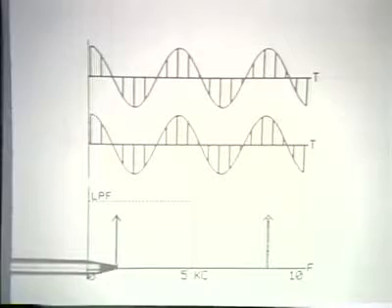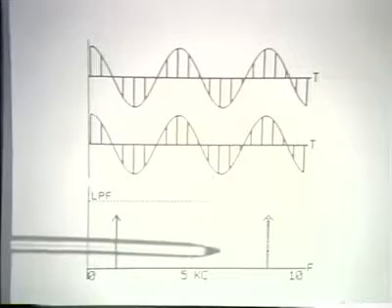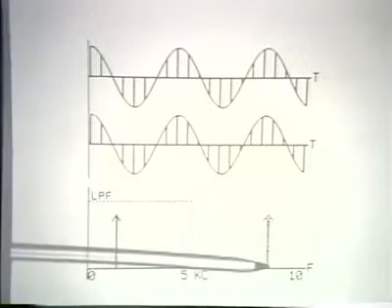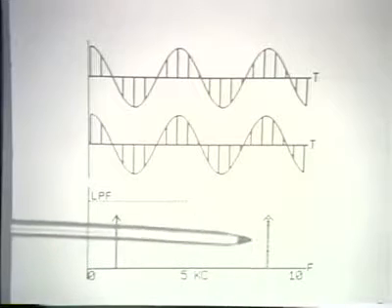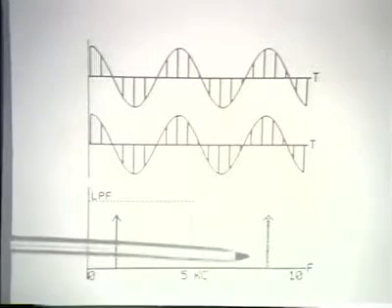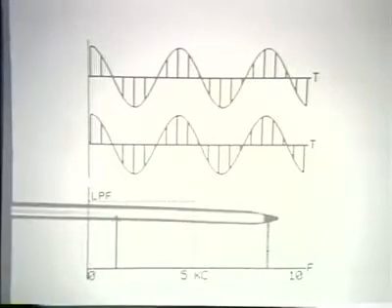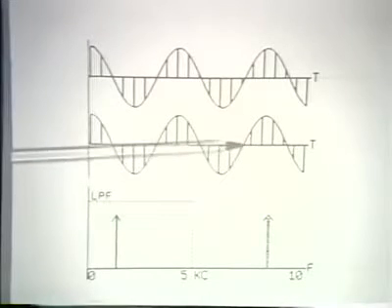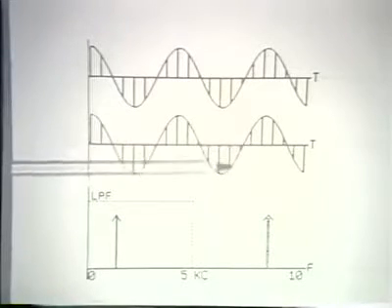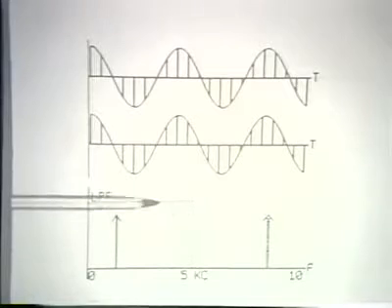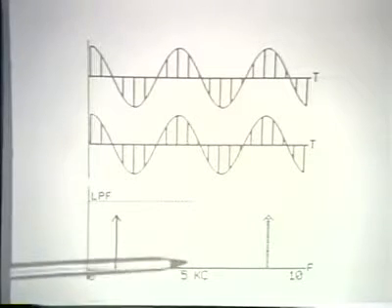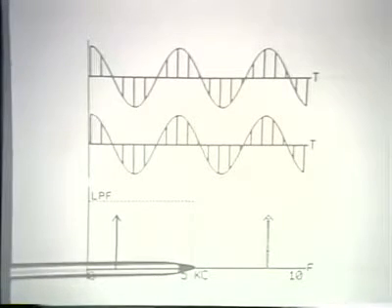And I haven't shown negative frequencies here, but the contribution due to the negative frequency is at 10 kilohertz minus the input sinusoid frequency. We then carry out a reconstruction with an ideal low-pass filter, and the ideal low-pass filter is set at half the sampling frequency, or 5 kilohertz.